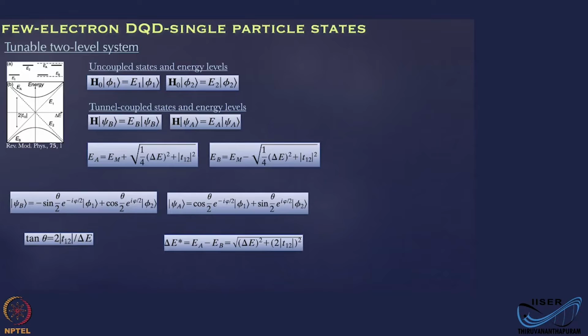Okay. So in this diagram, what we are seeing is E1 and E2 are the energy levels of the isolated atoms. And when you bring them together, when you make them couple, you'll have the tunnel coupling, which is marked here by 2 T12, and the resultant system will have energies EA and EB. So the Hamiltonian of the isolated dots is H0, and phi1 and phi2 are the wave functions.